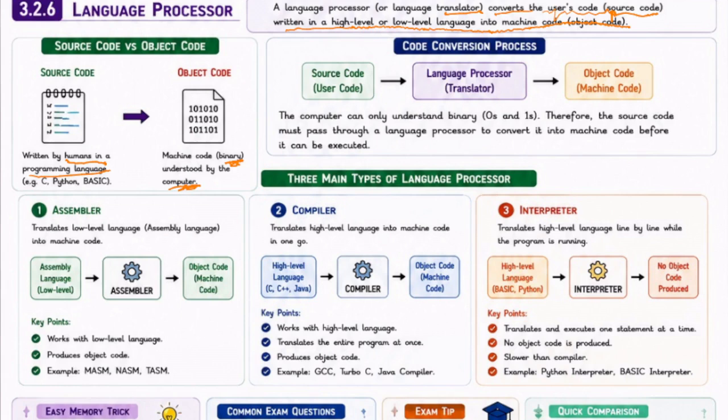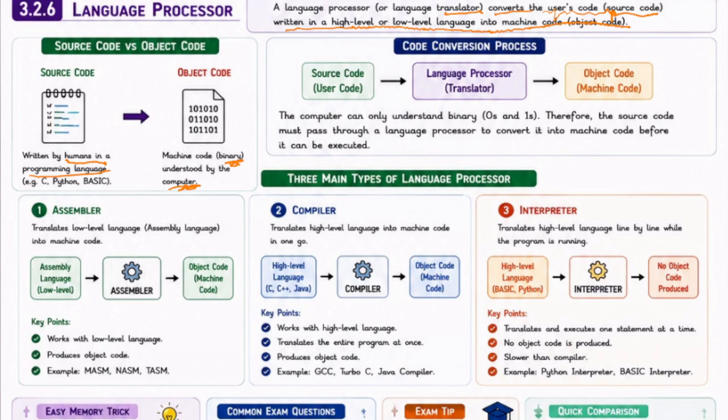But even if you write in low level language, you still need a language processor to convert what you have written in your text editor, the high level or low level language, to the object code, which is the machine code.